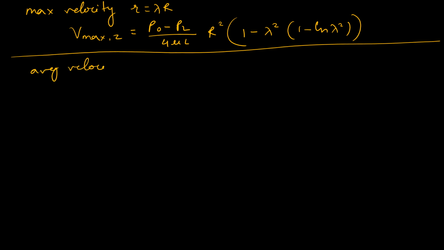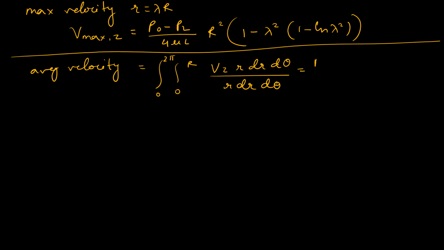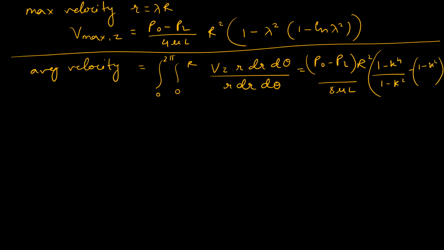Average velocity equals volumetric flow rate over area: the integral of Vz r dr dθ over the integral of r dr dθ, which equals (P0 minus PL)R²/8μL times [(1 minus k⁴)/(1 minus k²) minus (1 minus k²)/ln(1/k)]. Now this is the average velocity.